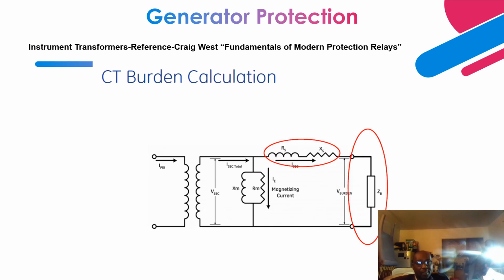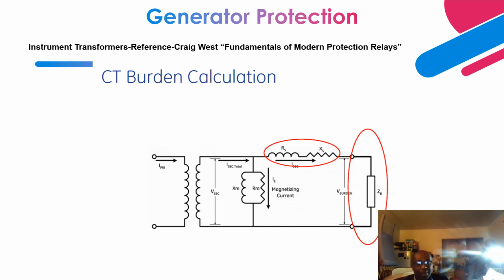Next is burden, and I think I've explained what a burden is. The burden is a combination of what the protective relay or the metering instrument presents, the resistance of the leads that go to the relay or the metering instruments, and in addition, the internal winding resistance of the CT.